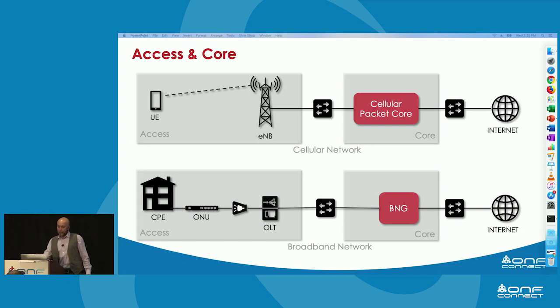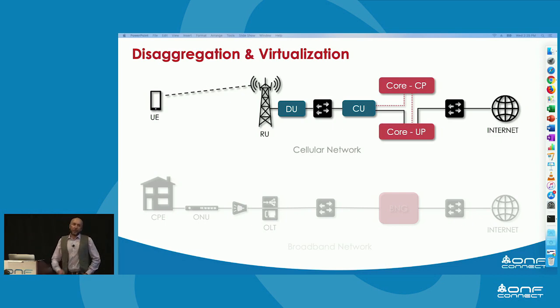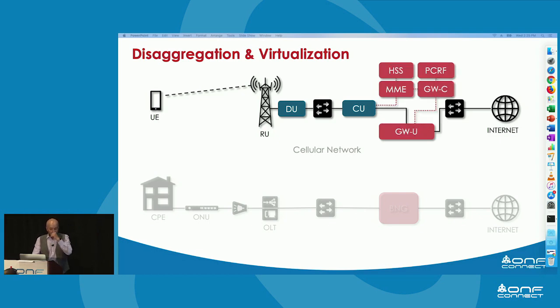Now, once we make that decision, let's start disaggregating things. We start from the cellular side. The first thing we do is start from the core, and we do a CUPS disaggregation, so the user plane and the control plane are disaggregated. Further, we go towards a functional disaggregation, so I can define the control plane made out of different components.